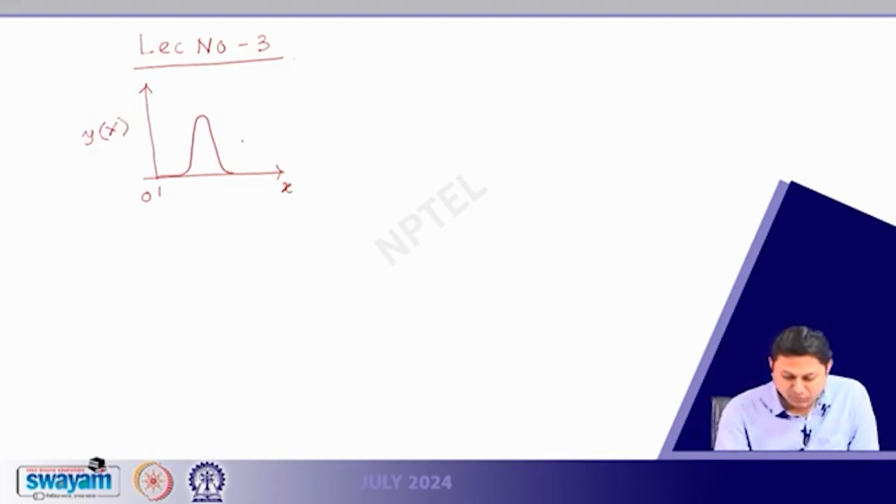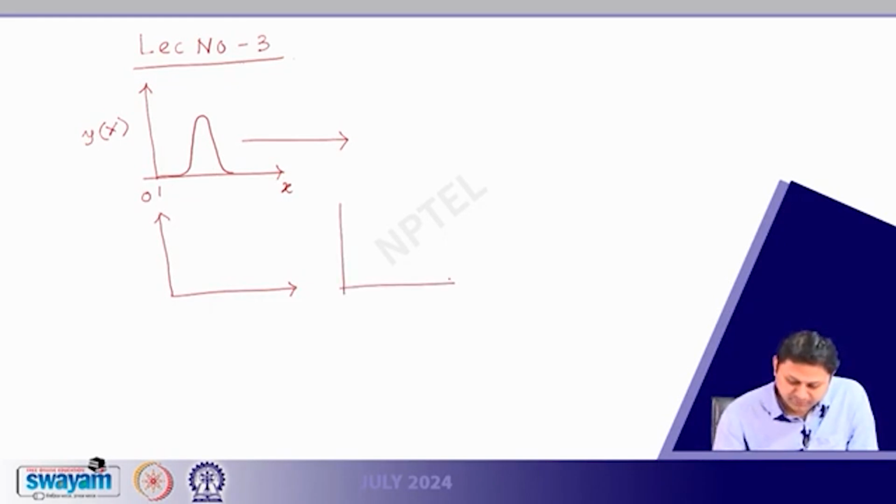Now, if this wave moves over time, then if this is a fixed frame and O prime is a frame that is moving with the wave, the wave will now be at this position.